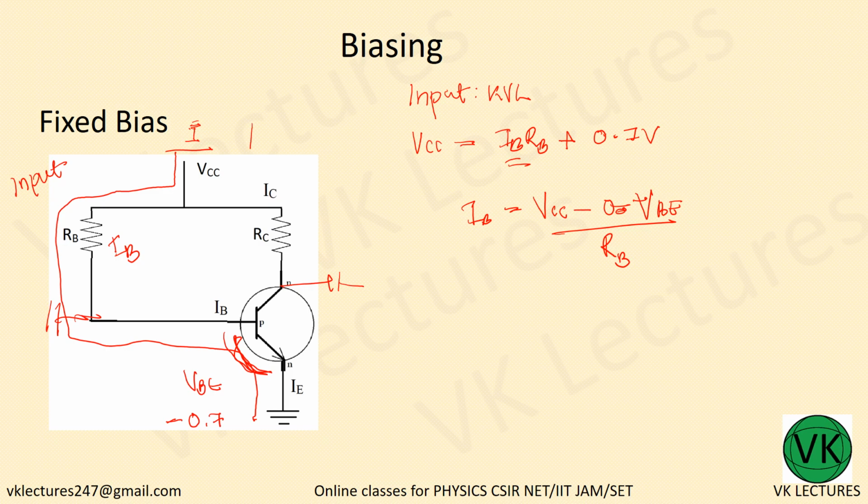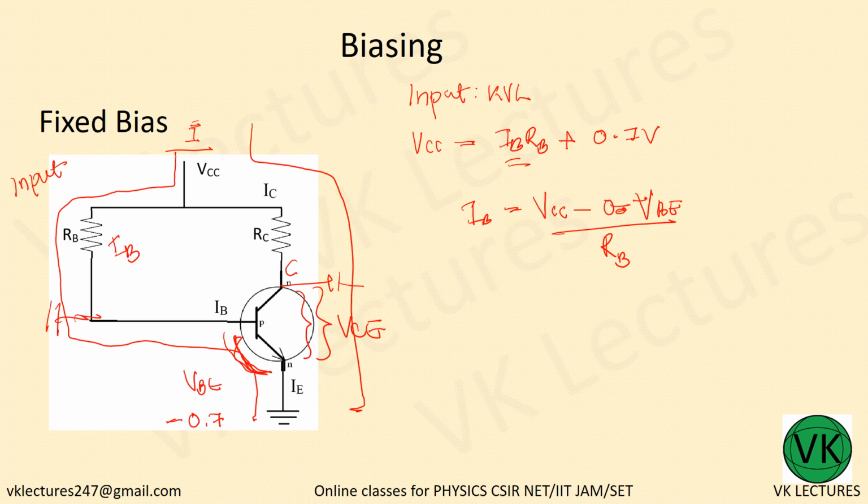KVL to the output. This is the output, and VCE, whatever we are talking about, this VCE, the voltage drop across, this is the collector, this is emitter, the voltage drop across these particular terminals C and E is called VCE, right?